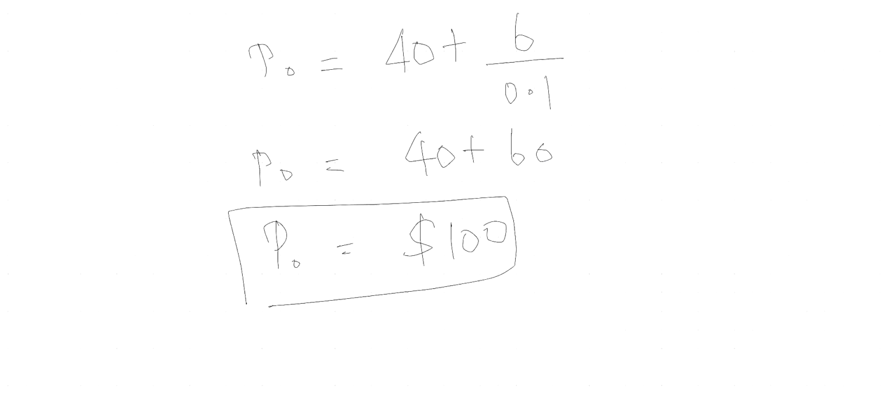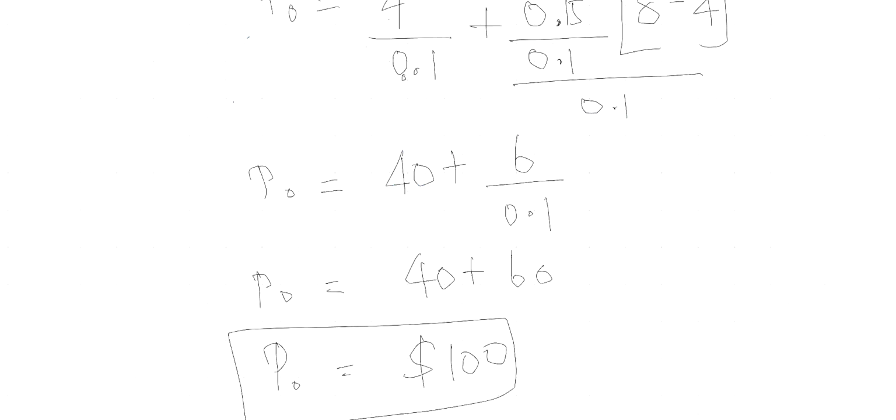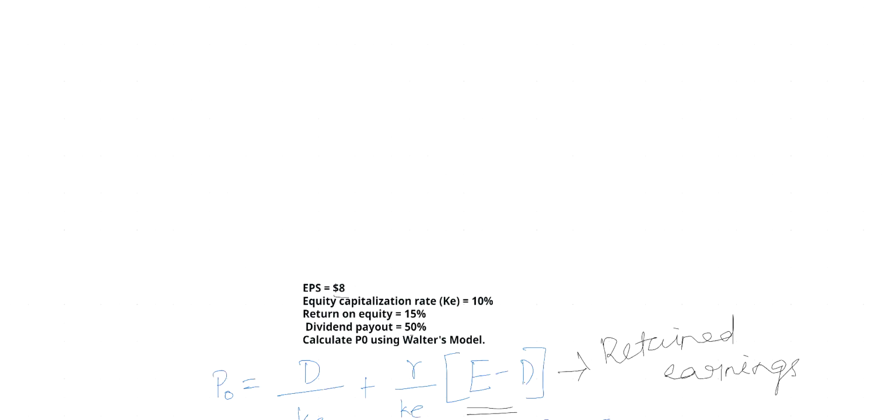Now let's see how does this model work and what is the logic behind the model, right? So let me copy paste the same information again. So here, what is the earnings per share of the company? It is $8. So out of the earnings of $8, the company paid out $4 as dividend and the remaining $4 is retained by the company itself.